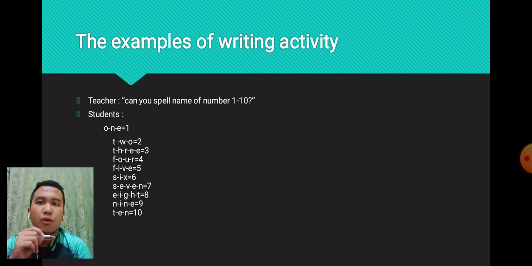On the blackboard or whiteboard, the teacher gives the spelling of the numbers, like this PowerPoint, the example of the numbers 1 to 10. You can look at it like this, and this is so simple for students to learn and understand the spelling of the numbers 1 to 10.